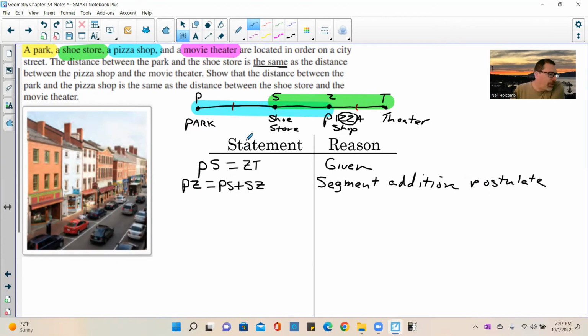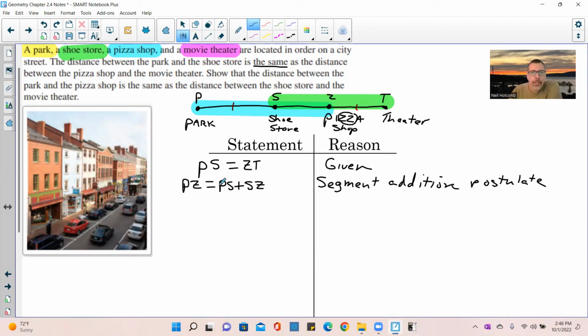So the next thing we want to do is, let's see, the theater. What do we know about the theater? Well, we want to take this length here, because we're trying to prove these two.